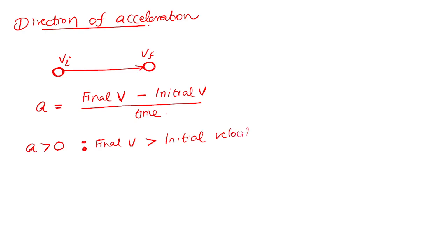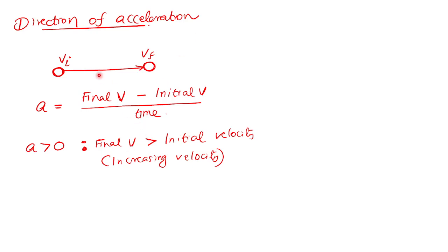I mean increasing velocity. If there is any increasing velocity, we say that acceleration is positive. But formally we say it like that: final velocity greater than initial velocity, in that situation we say acceleration positive.